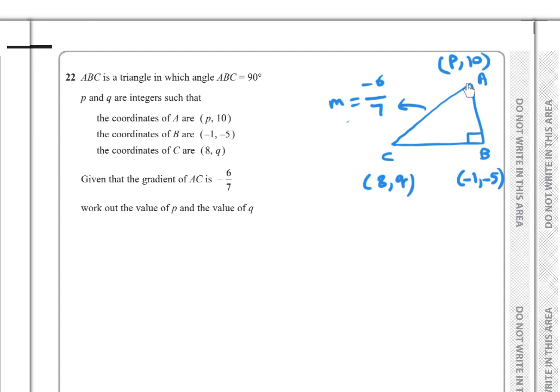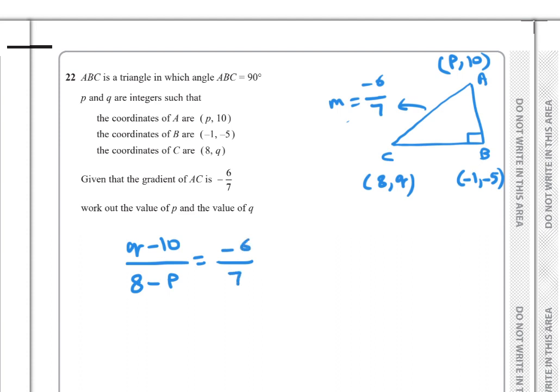From the gradient of AC, we can use the formula for the gradient, y minus y over x minus x, and equate to -6/7. So the gradient of AC equals Q minus 10 over 8 minus B, equals -6/7.